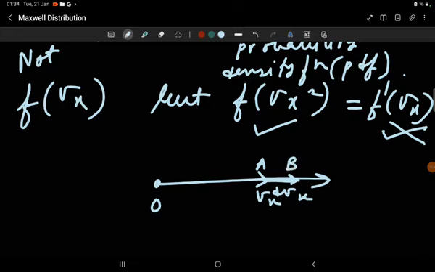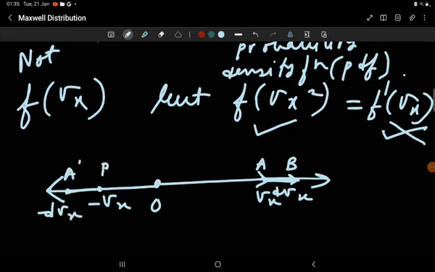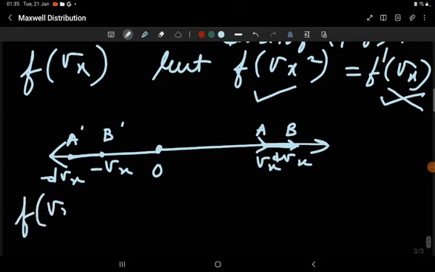But there is an equal chance that these molecules also lie in the range minus Vx, with, let's say, minus dVx, in this range as well. This is A dash B dash. If we had f Vx only, the system would have a net velocity towards the positive direction only. This is not the case, otherwise the system would not have been random.